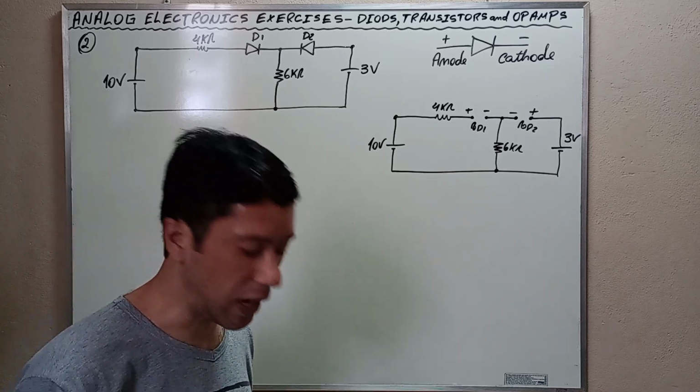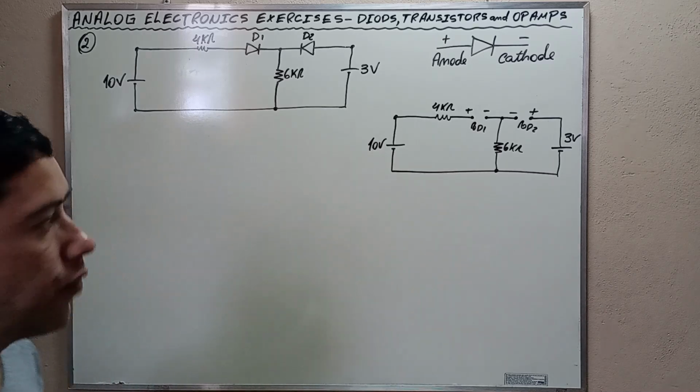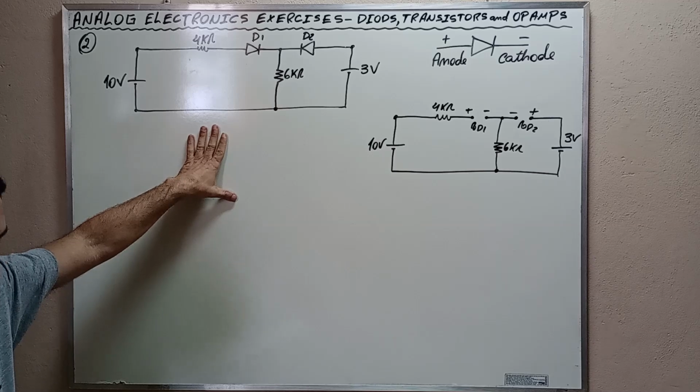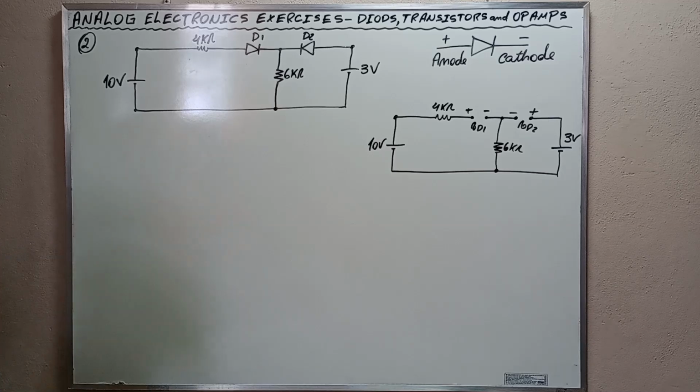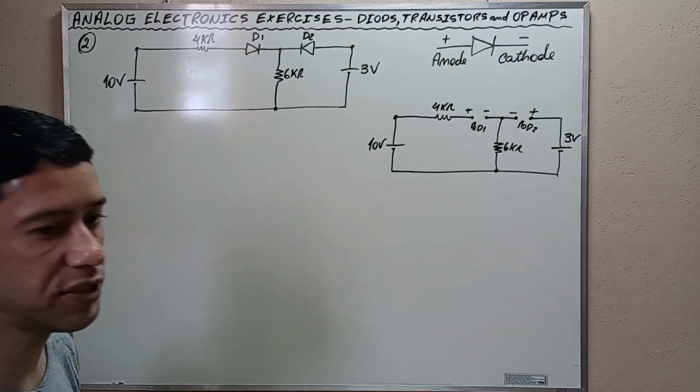Exercise number 2 now. We are going to work with the same circuit, but now we are going to assume something different. Show that the situation in which both diodes are off is not valid for this circuit. This is exercise number 2.